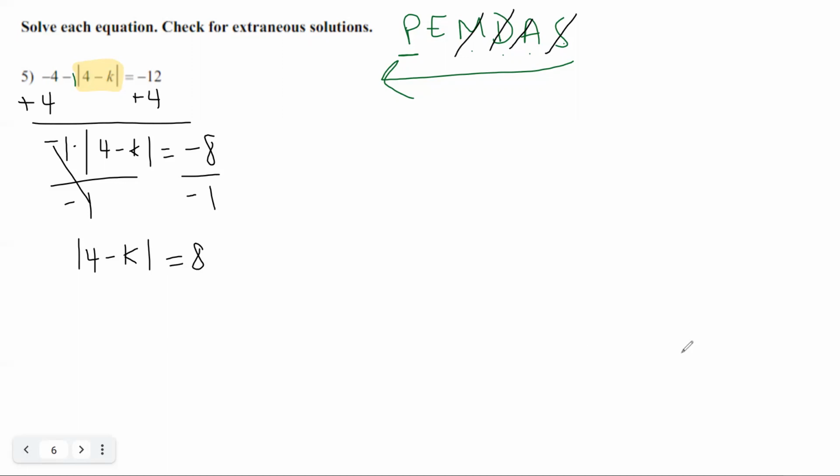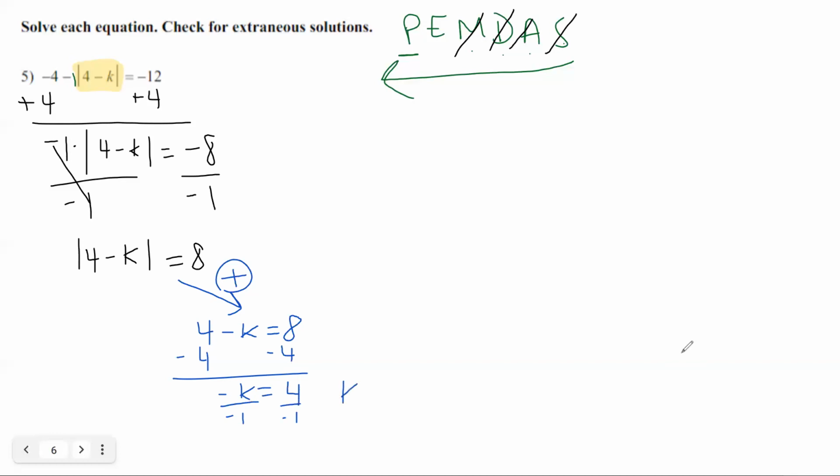I'm done with step 1, and I consider my positive case for step 2 and my negative case. 4 minus k is equal to 8 is my positive case. Subtract 4, I get -k equals 4. Divide both sides by -1 or multiply, whatever your heart desires, and you get k equals -4.